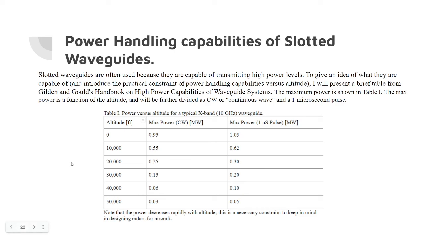This is necessary to keep in mind when designing radars for aircraft. So the max power is a function of the altitude and is further divided as CW, or continuous wave, and 1 microsecond pulse.